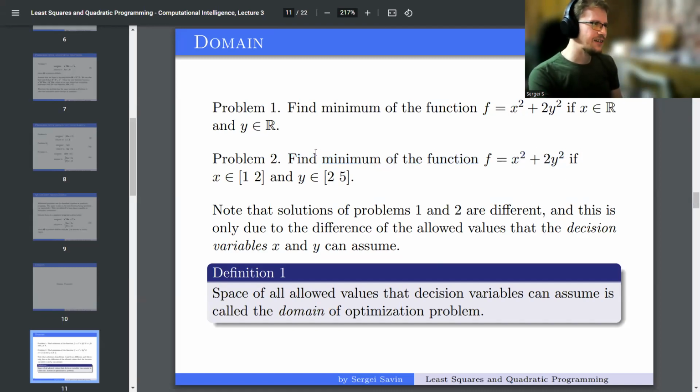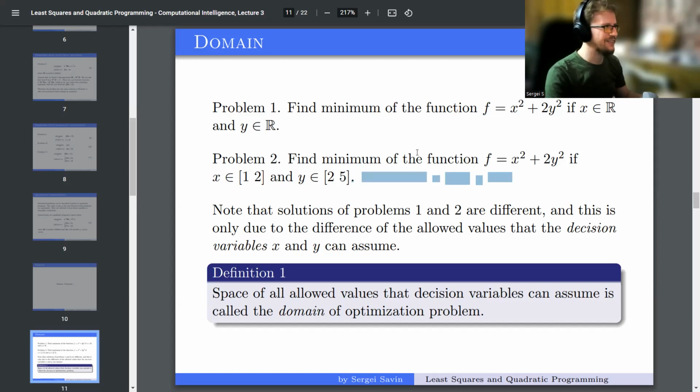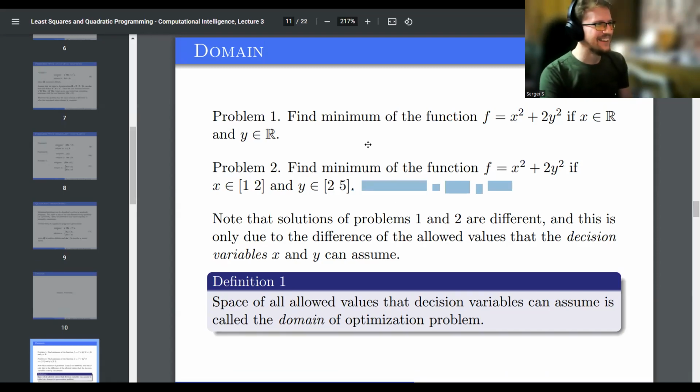Okay. Now find me problem 2. Same function, but x would be like this, y would be like this. Someone solve me the problem, please. One and two. 1 and 2. Let's find out. Somewhere here are written the solutions. So here, exactly.